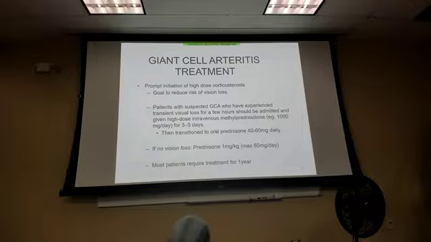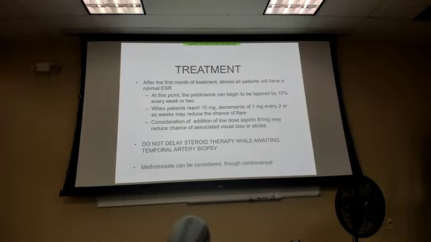Most of these patients require treatment for 1 year. After the first month of treatment, almost all of the patients will have a normal ESR. So this is why we need to check the labs and do the biopsies before we get to that 2 weeks of the steroids, because they're going to come back and look all normal.